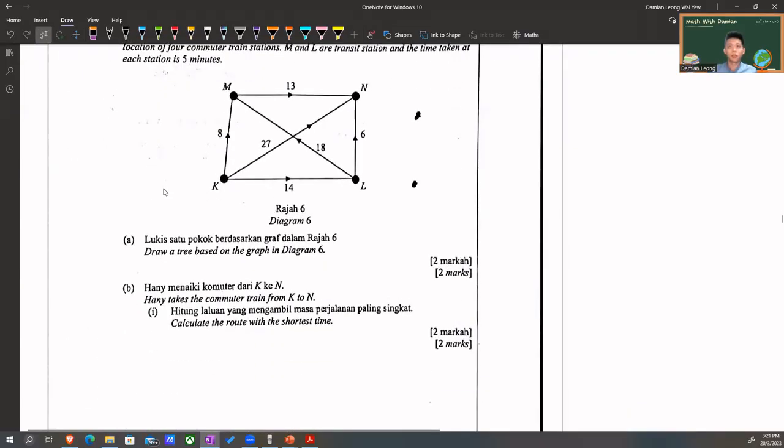So I have the 4 points. A, M, N, L. So one way is if I go this way, I can connect this.